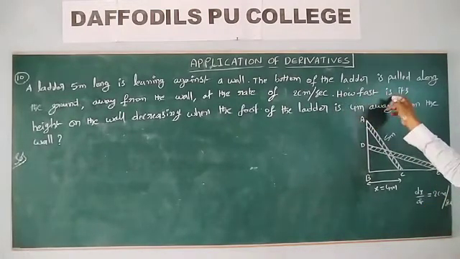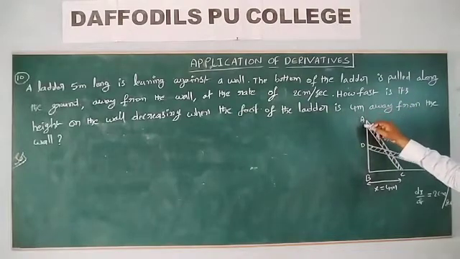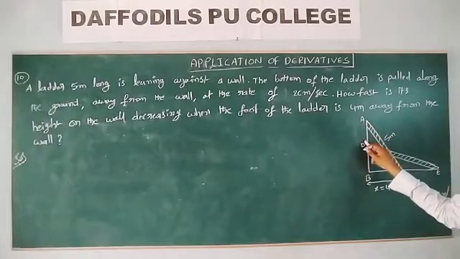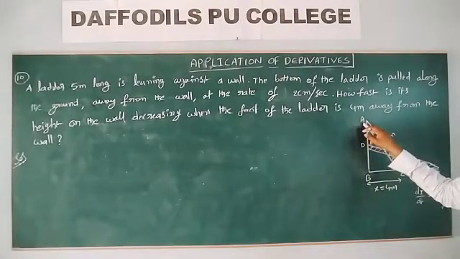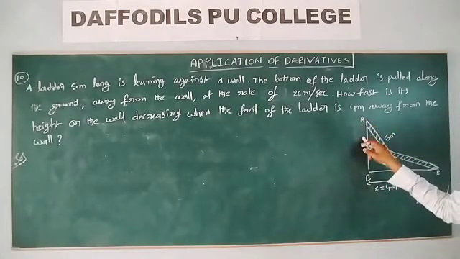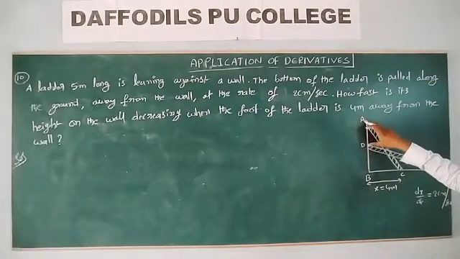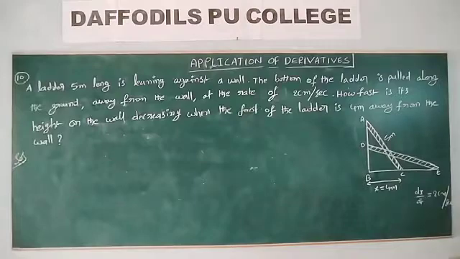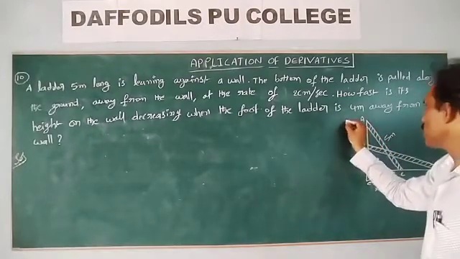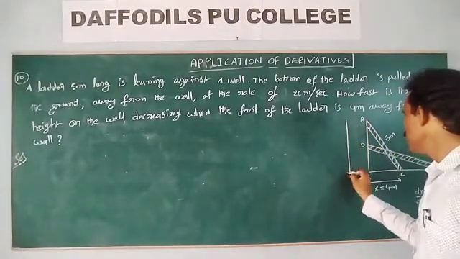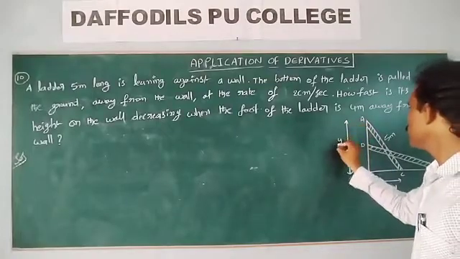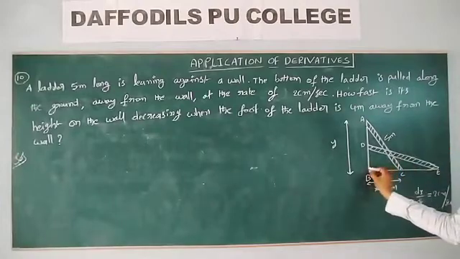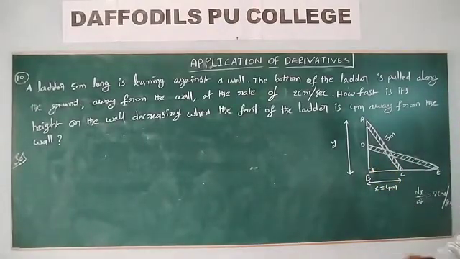Next they ask how fast is its height decreasing, the rate of change of height along the vertical wall. So we will find the rate of decrease. Let this be the y value, the vertical wall, perpendicular.